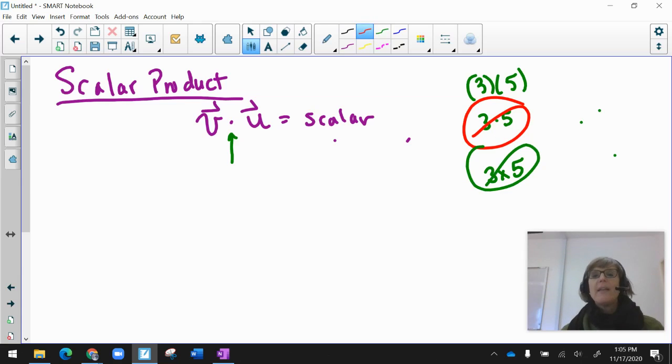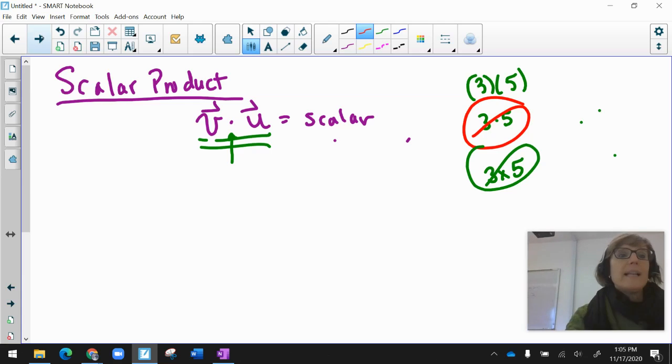Those are not the way we're going to do things anymore. So you must put that dot in there if it is a scalar product. If you don't, then what you're writing is nonsense and gibberish. This is not an opportunity for you to make up your own way of writing things down. You must do it the way that I and the book tell you to do.